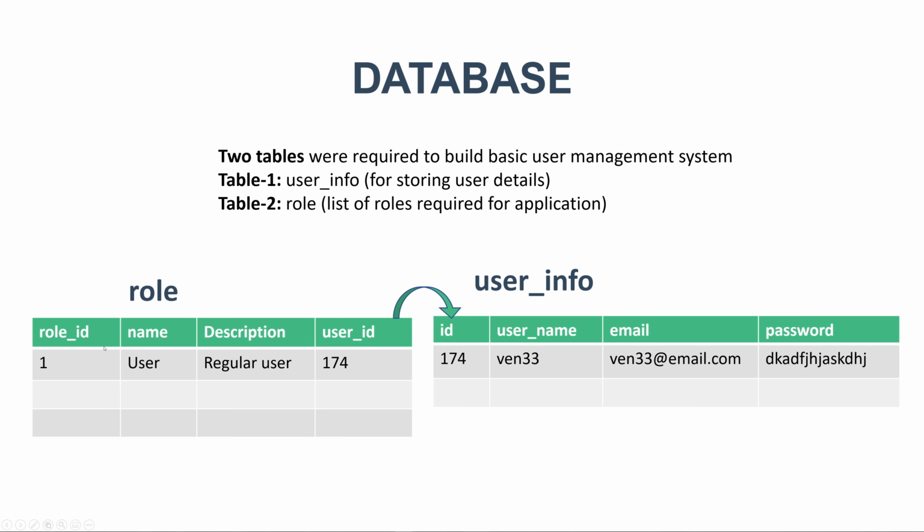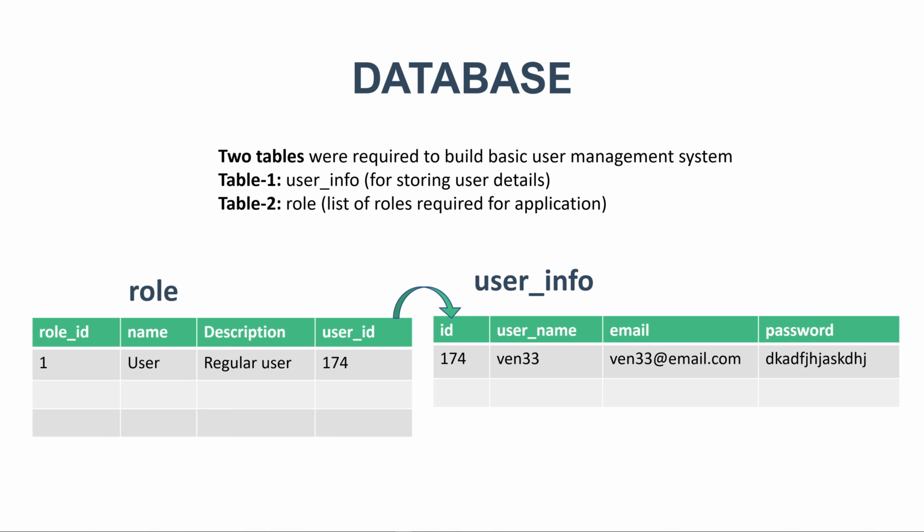You can add as many keys as you want from a child table and show them on the parent table. If the user IDs match on both tables, then whatever role the user ID has will be shown on the user info table as a virtual column which does not exist.